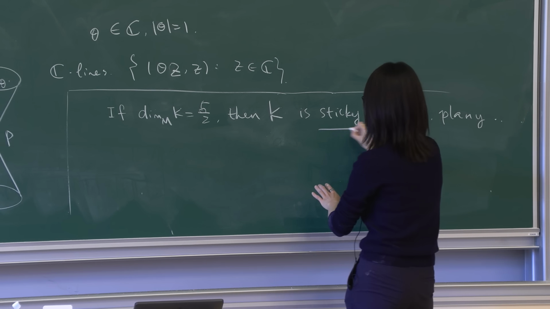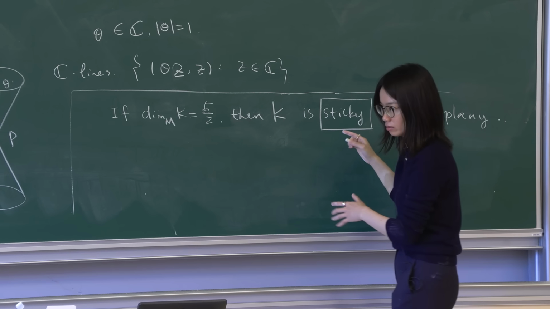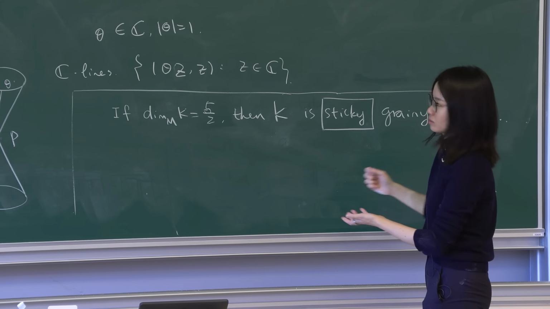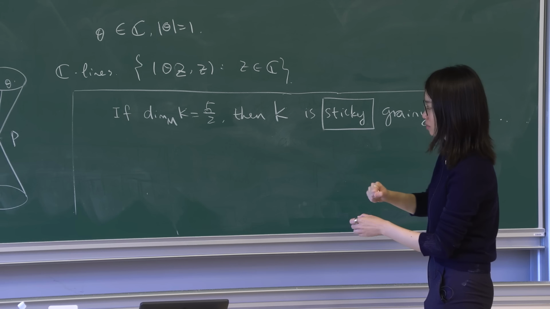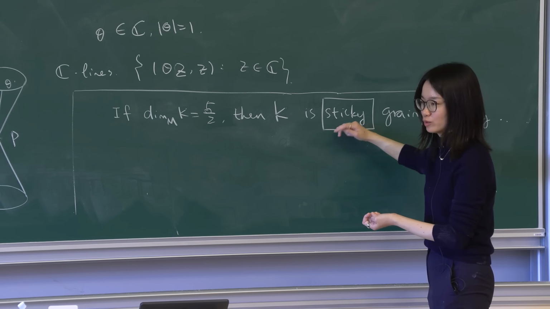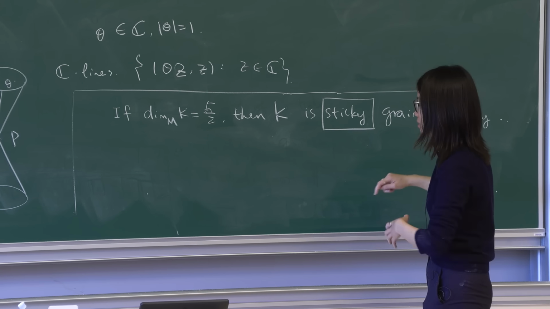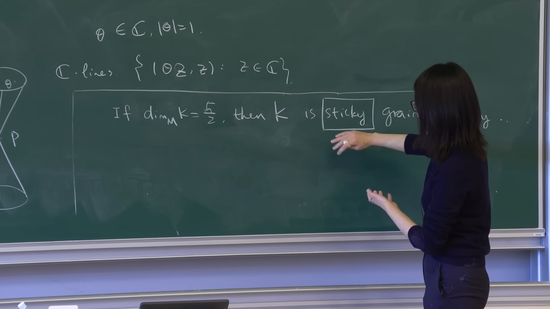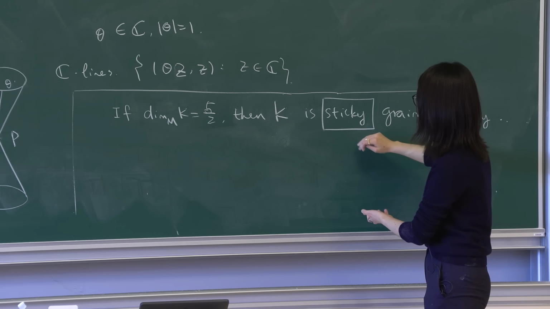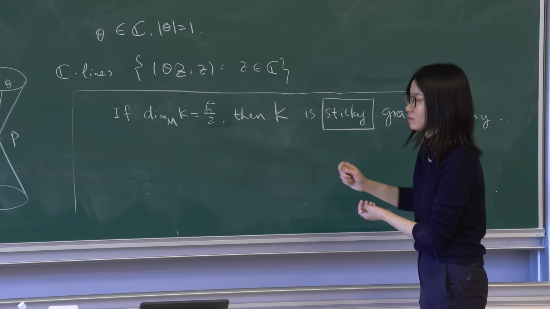In particular, this stickiness plays a very big role. As we discussed in our plan, the plan is to first prove the sticky case of the Kakeya set conjecture in R3, and then prove the general case. For the Kakeya set problem, the notion of stickiness comes from this paper.